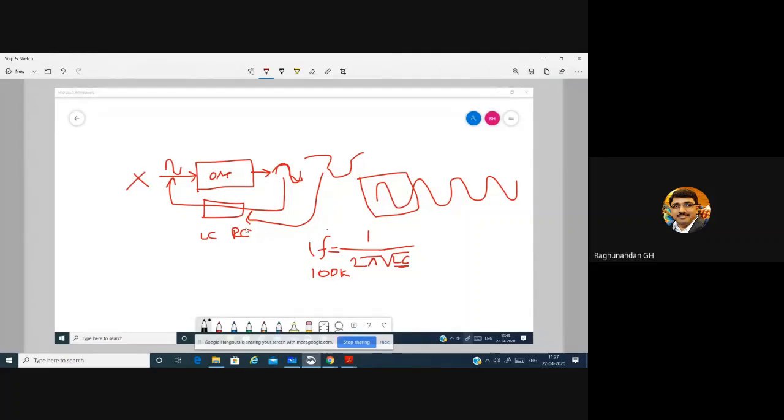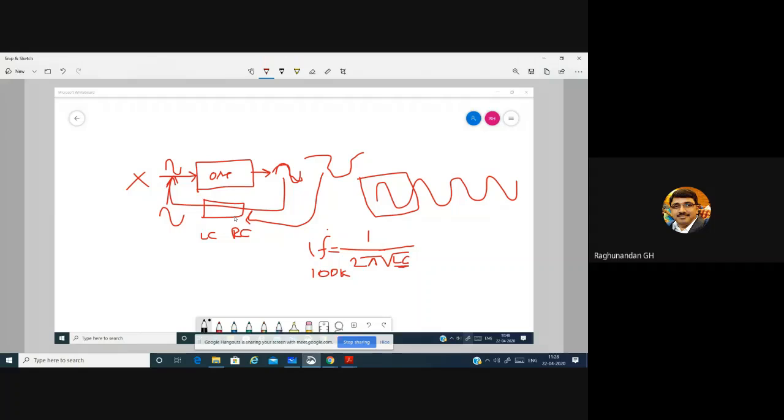When it is tuned to 100 kilohertz, you know that frequency is the main reason for the shape of the signal, so you get a signal like this. Now it is fed here, and again the oscillator amplifies this signal. This keeps on going.